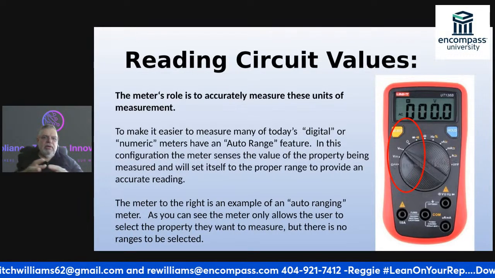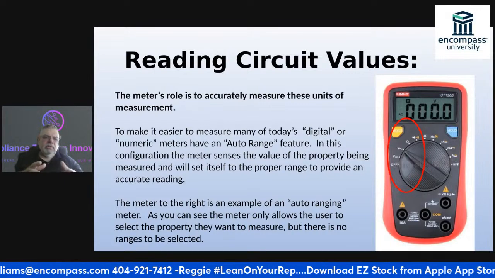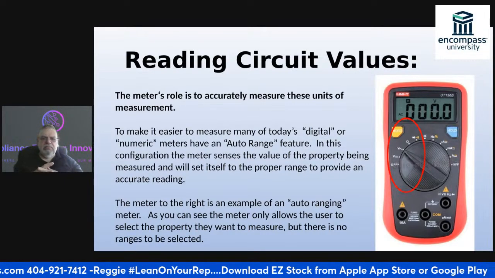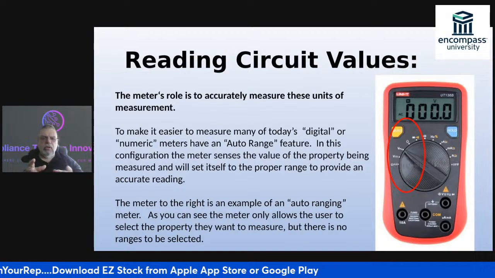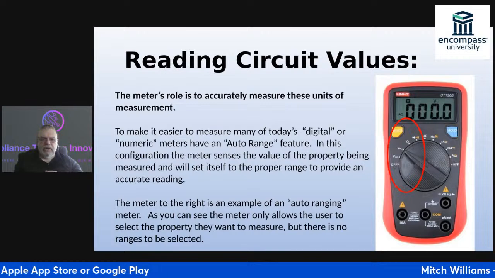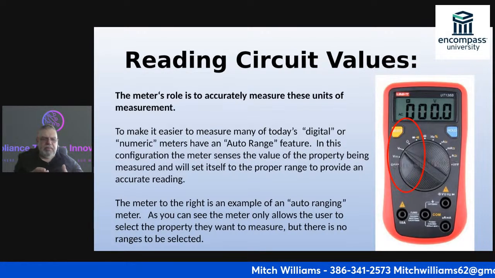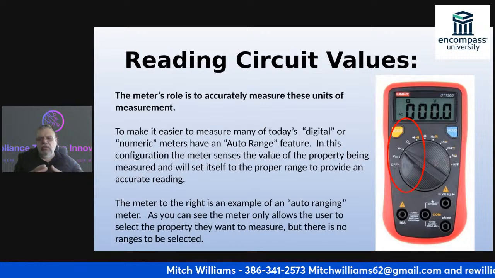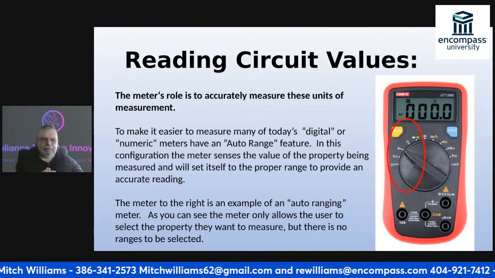The meter's role is to accurately measure these units of measure. To make it easier to measure, in many of today's multimeters, digital or numeric meters have an auto range feature. In this configuration, the meter senses the value of the property being measured, and it will adjust to the proper range to provide an accurate reading.